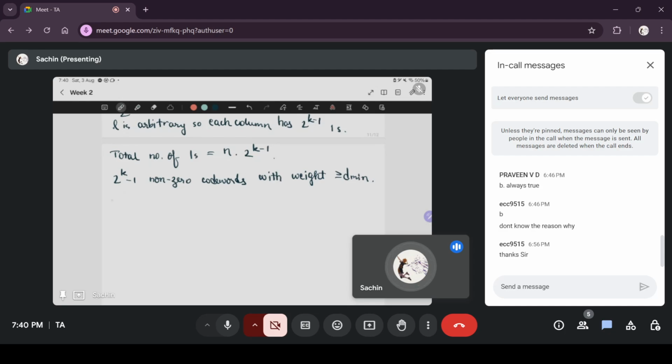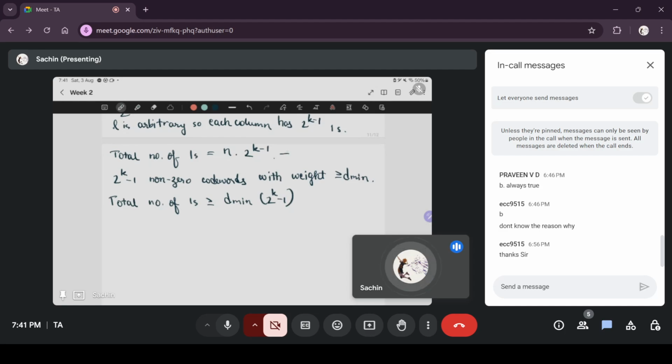So the total number of ones must be greater than or equal to d minimum into 2 power k minus 1. Right? There are 2 power k minus 1 code words. Each code word has weight at least d min. So the total weight, that is total number of ones when you take all the code words together, must be at least d min into 2 power k minus 1.